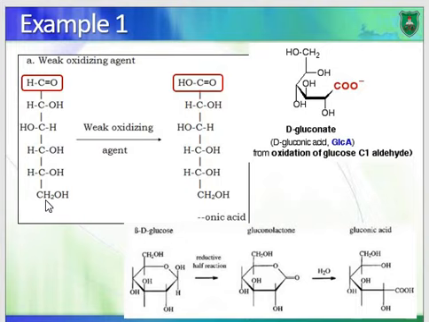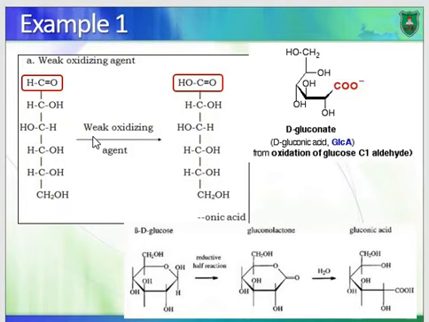If you remember from organic chemistry, oxidation of an aldehyde is just one step away from becoming a carboxylic acid, whereas the oxidation of an OH group to a carboxylic acid needs 2 steps: primary alcohol to aldehyde, and then aldehyde to carboxylic acid.